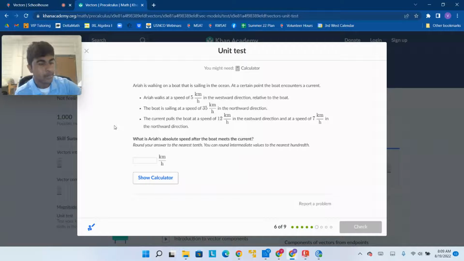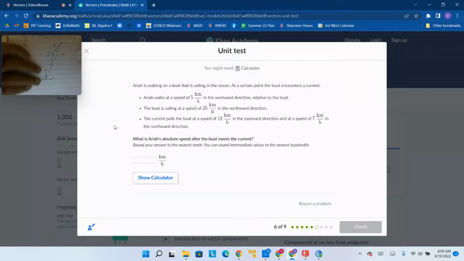It's good enough. And then you have 12 kilometers an hour in the eastward direction for one part of the current, and the other part of the current is 7 kilometers per hour in the northward direction. So this is what my diagram looks like.